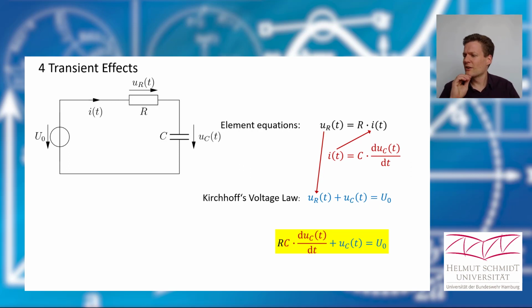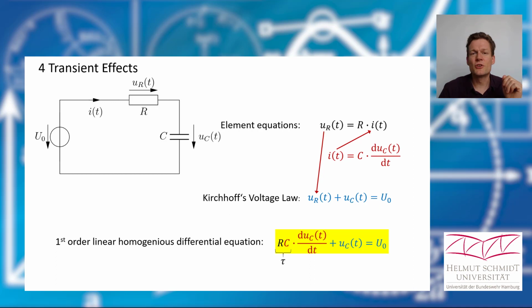We have an equation where the only time variable is the voltage UC, and we are looking for that, but there's also the time derivative. And there's a constant in front of the time derivative, and I can say it now, we call that the time constant tau. And the whole thing is a first order linear differential equation.